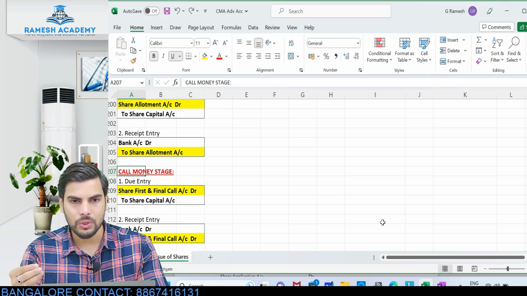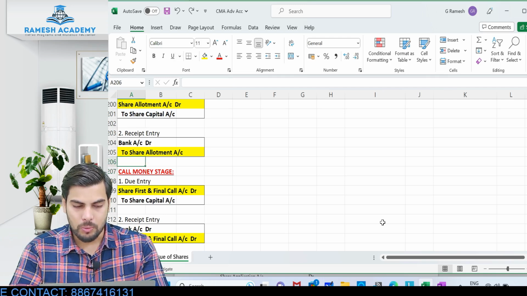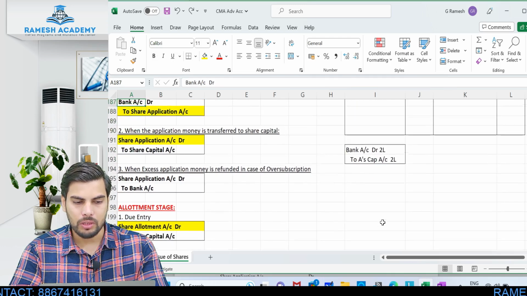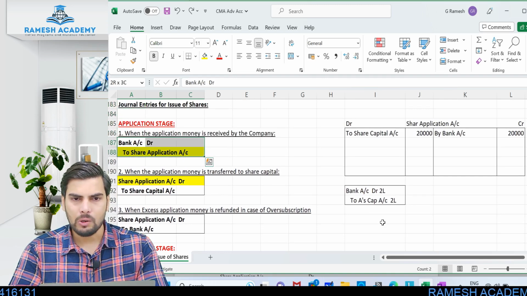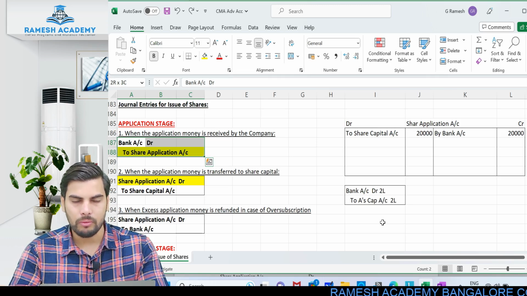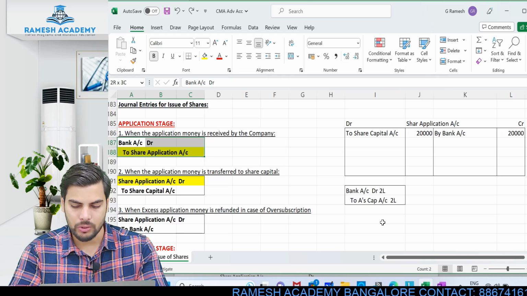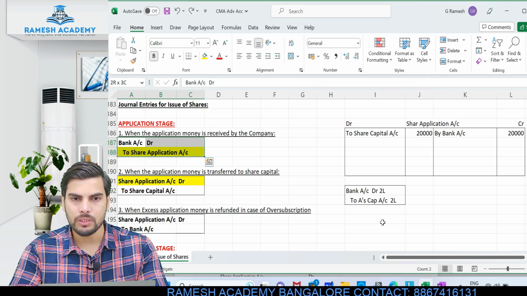Let's say I issue 10,000 shares but the public are willing to subscribe for 12,000. Then this entry I need to pass with respect to those 12,000 shares. Clear? I cannot straight away pass the entry, bank account debit to share application account, for 10,000 times the application money, because we never know. Although I'm issuing 10,000 shares, I don't know how many shares will be applied for by the public. So this entry will mainly depend upon the actual number of shares for which the public are applying.